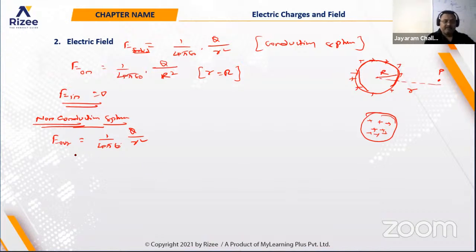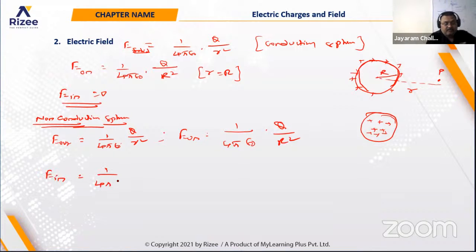So outside will be the same as the normal sphere, and on the sphere also it will be the same, equal to 1 by 4 pi epsilon naught into q by capital R square. But coming to the inside, E inside will be 1 by 4 pi epsilon naught into q by capital R cube into small r.